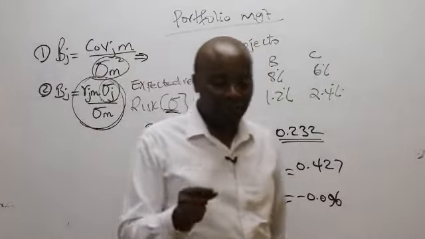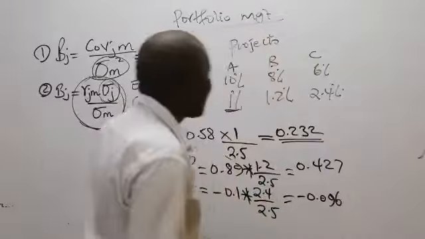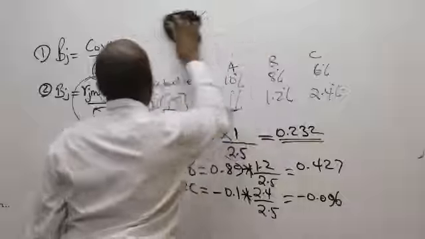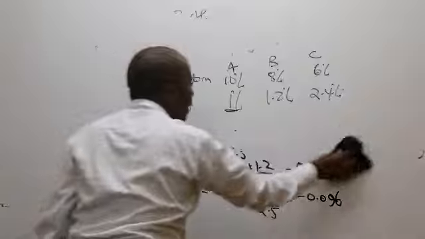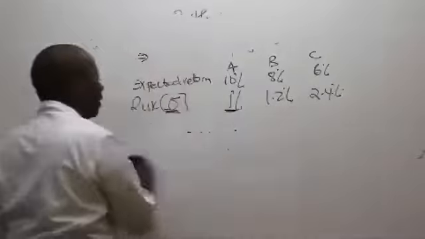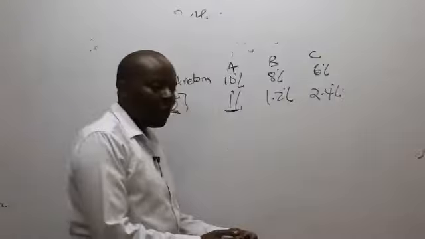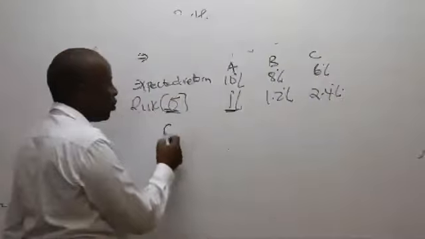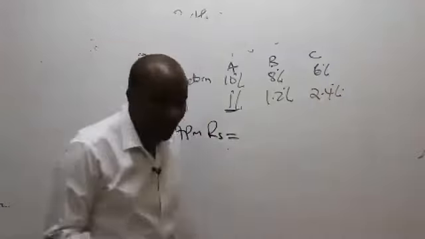So using CAPM, is there anybody who is able to remember the CAPM returns formula? CAPM returns of a security will be equal to somebody.